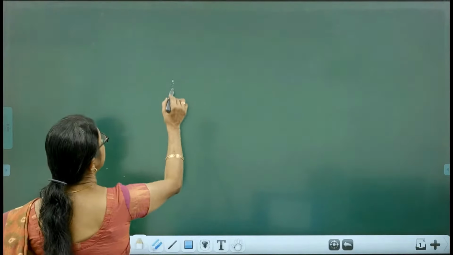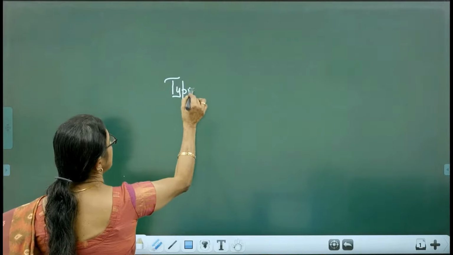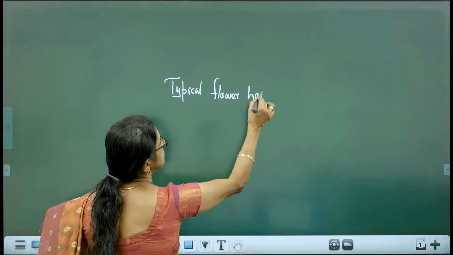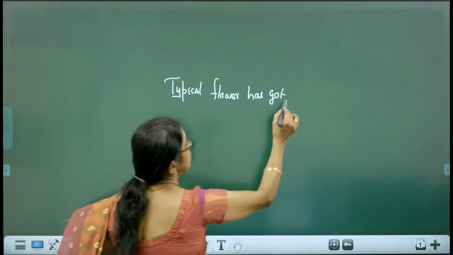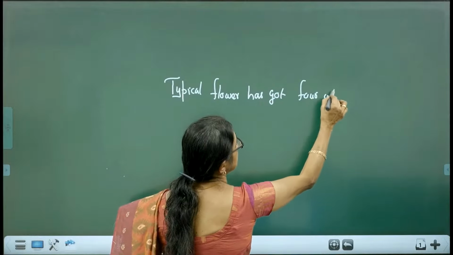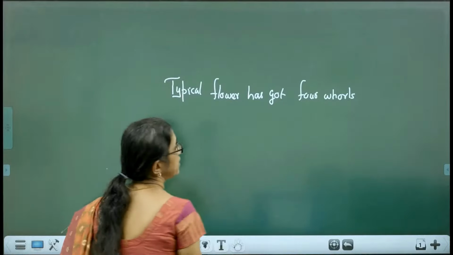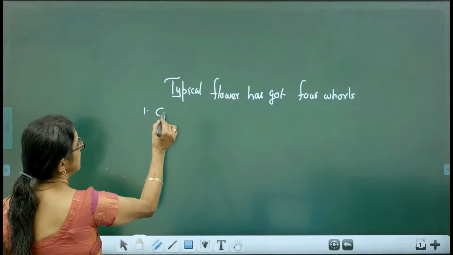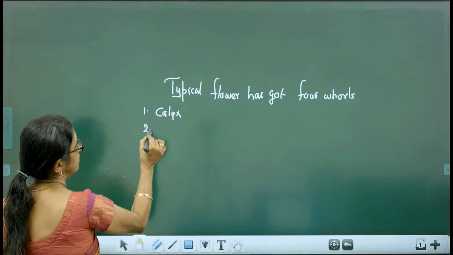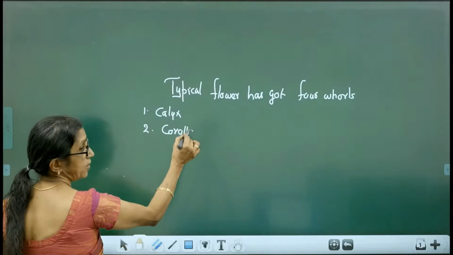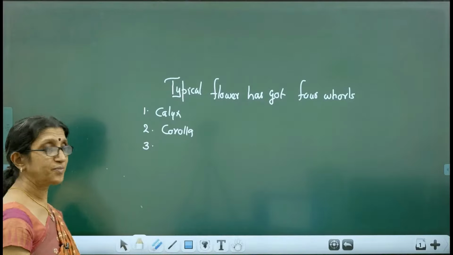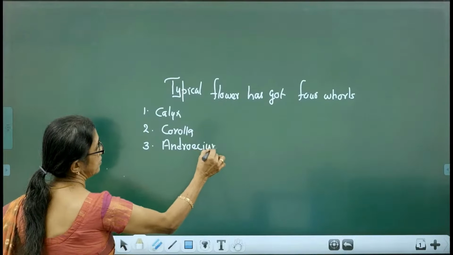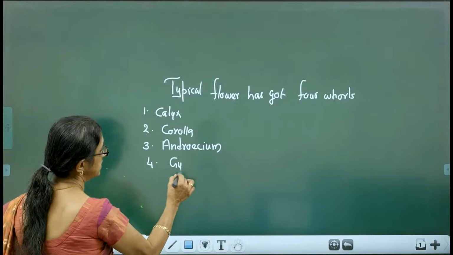A typical flower has got 4 whorls, such as from outer to inner, one calyx, the second one corolla, the third one is androecium, and the fourth one is gynoecium.